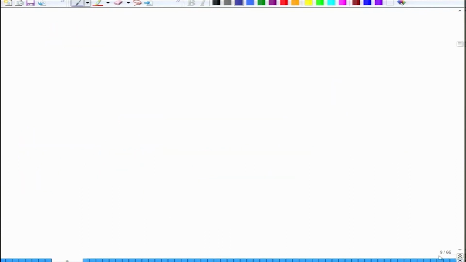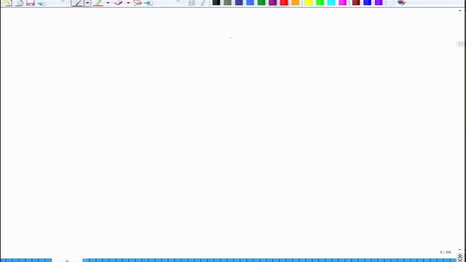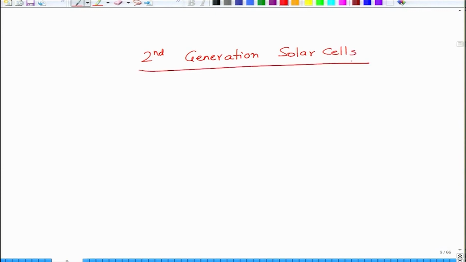Alright, so now we look at the Gen 2 technologies, which are basically thin film based technologies. So we move on to a new topic, which is second generation solar PV technology.